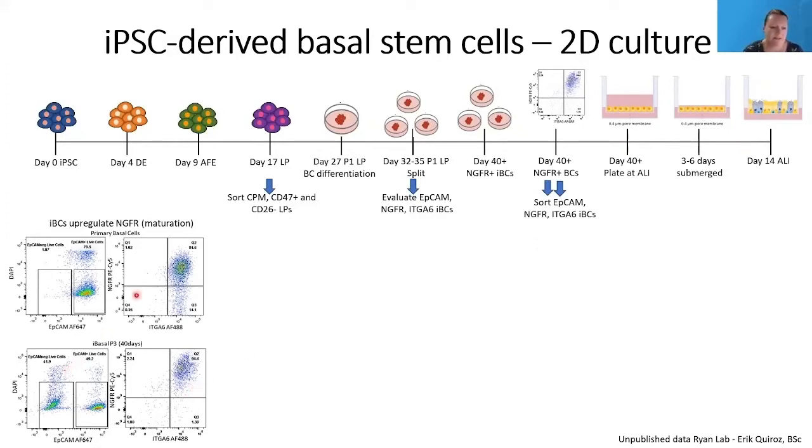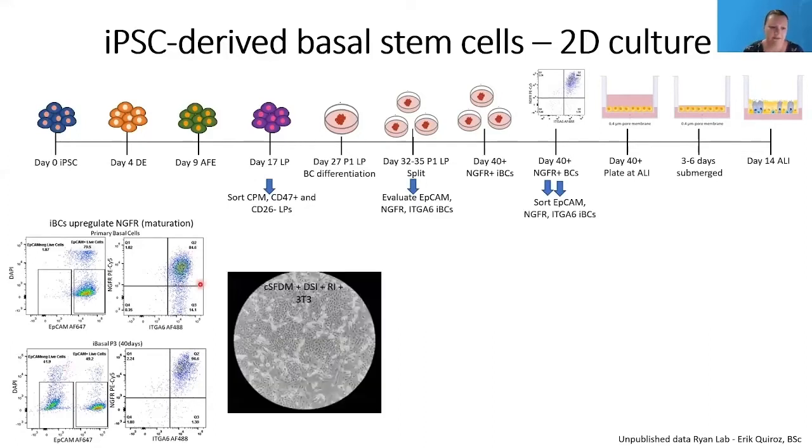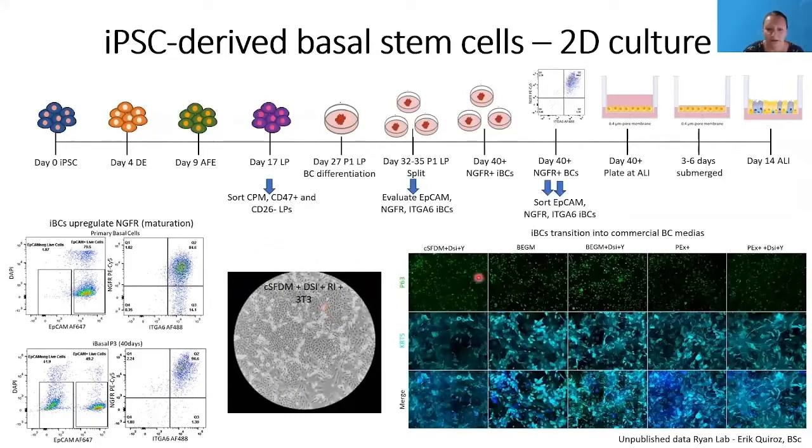We select out our NGFR expressing cells and grow these in the conditionally reprogrammed media that Scott Randell developed and Reynolds. We can generate iPSC-derived basal cells expressing P63 and keratin 5, and they're able to grow in the different commercially available medias.